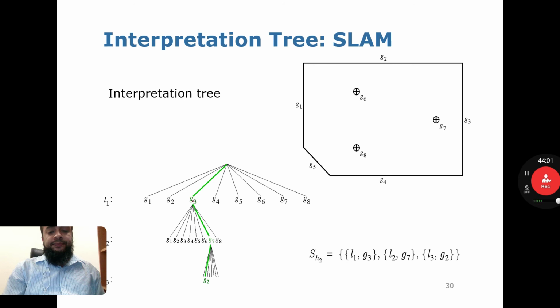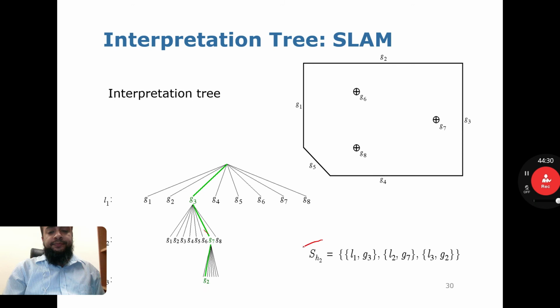So g3 will create another L with measurements in track number 2, and suppose we calculate the cost function again in track number 2 and g7 has the minimum cost function. Then similarly g7 creates another 8 measurements, and among them the minimum cost function is g2.